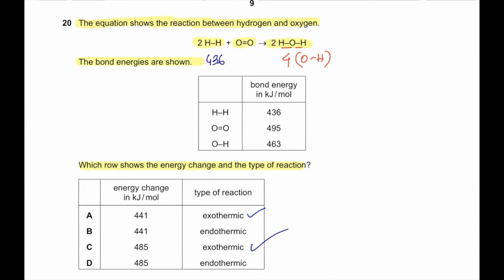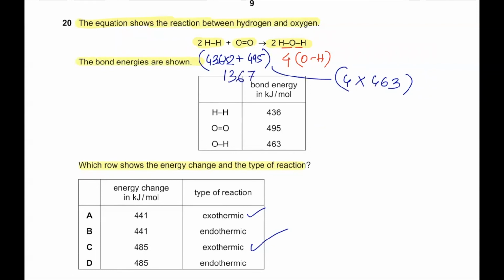436 for hydrogen, which is multiplied by 2, and for oxygen it will be 495. Now we're going to subtract, and the subtraction is going to be from 4 OH, which is 463. If we put in the numbers, 436 into 2 plus 495 gives us a total of 1367.